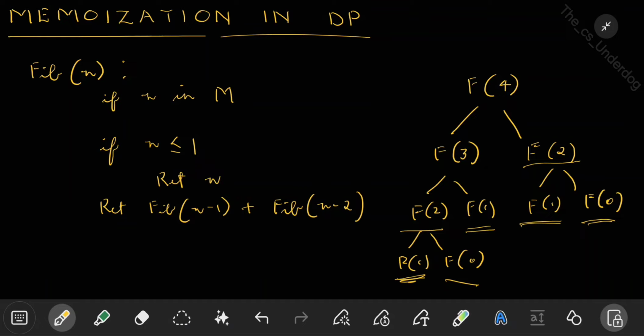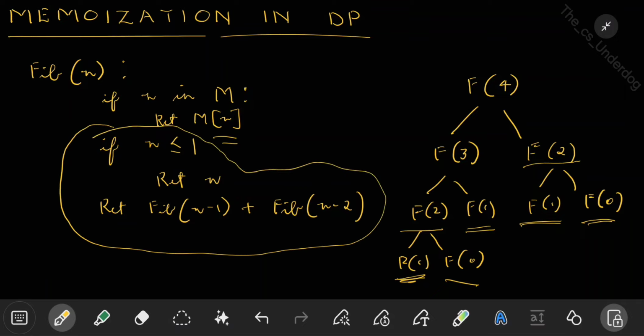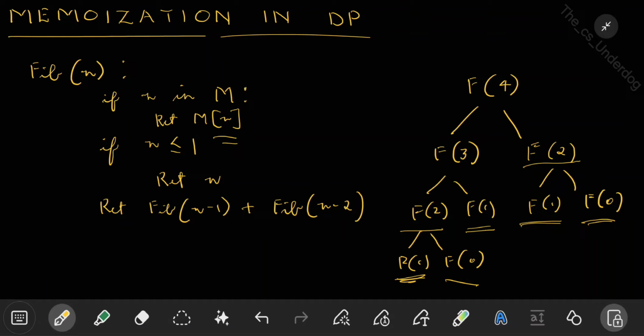Let us say you have a memo, and in this memo, if you already can find n, the number, then you should directly return m of n. That is, whatever n you are finding from memo, you should directly return without doing any of these computations. And one more thing, you have to keep filling the memo.